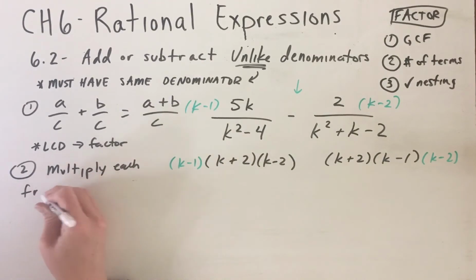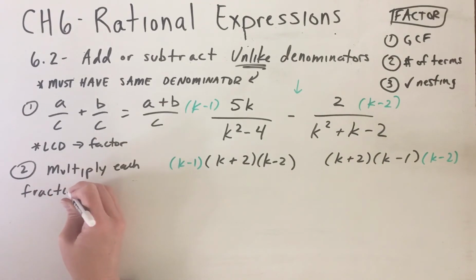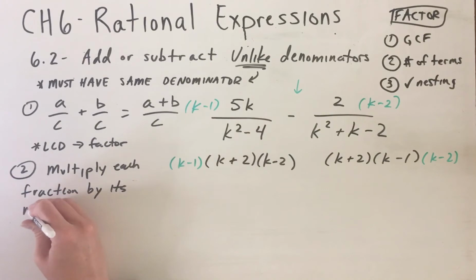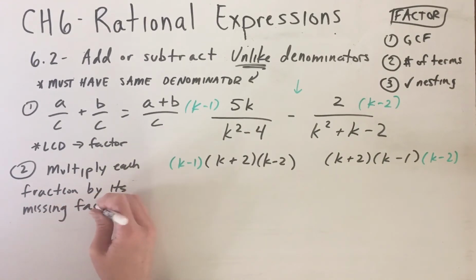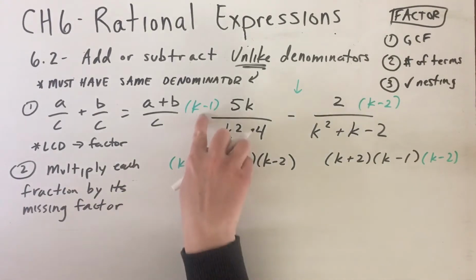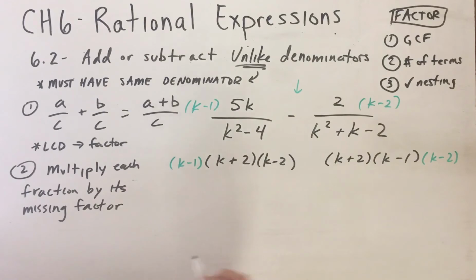Again, we're going to multiply both the top and the bottom by its missing factor. So right here, these will form equivalent fractions.